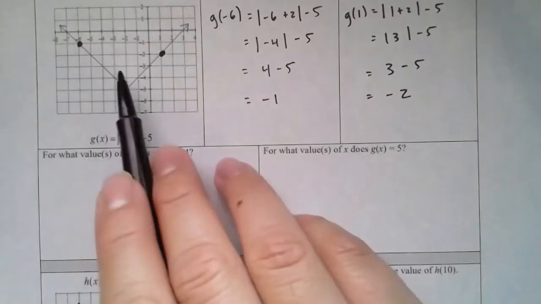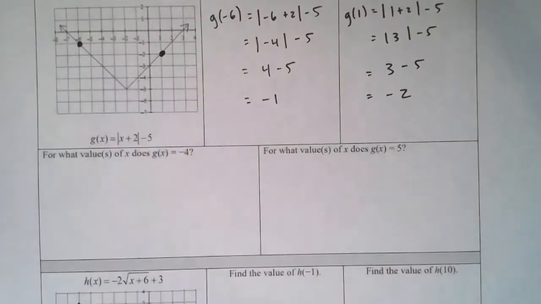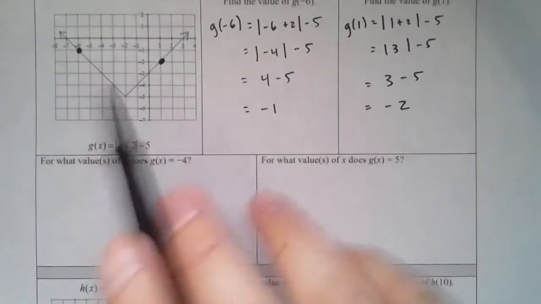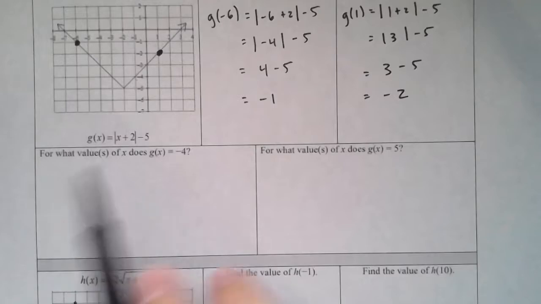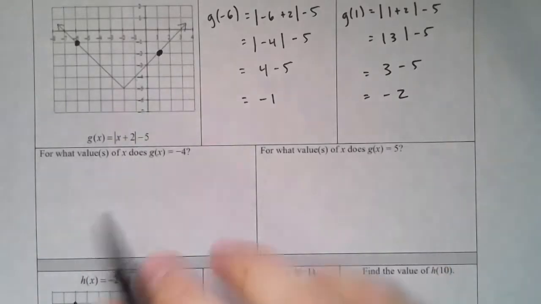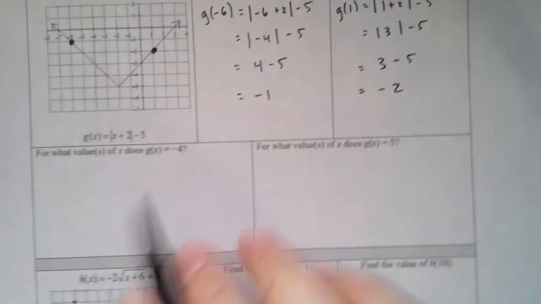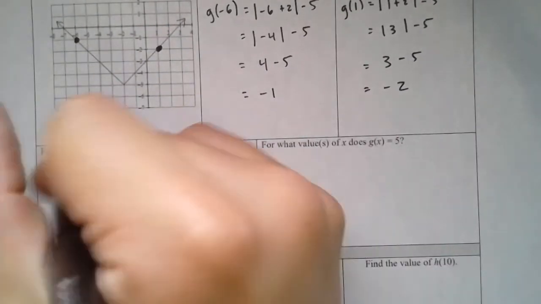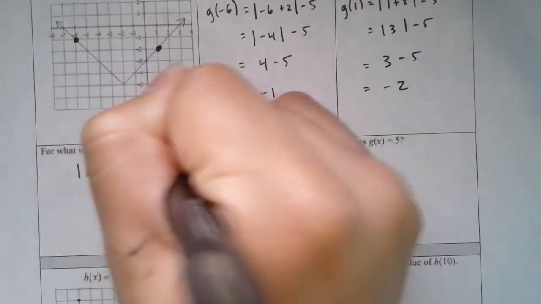It would be at x is equal to -3 and -1. So that's one way to do it, just by using the graph. If this was an ACT question or college entrance exam, you'd be done. You'd be able to select the correct option. But how do you do this algebraically? Recall how to solve absolute value equations.